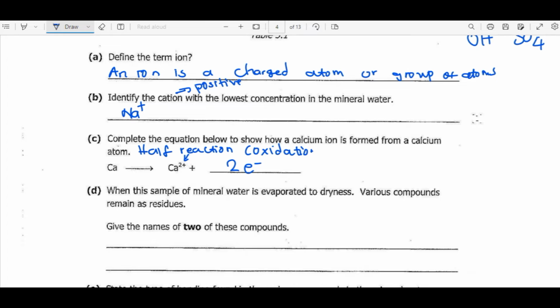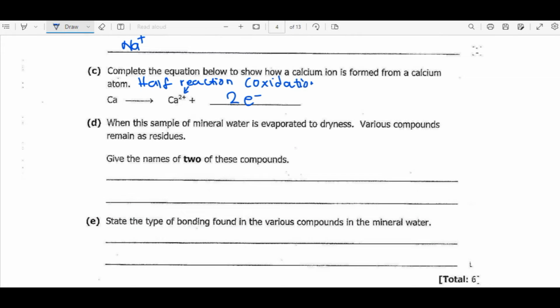Then D, when this sample of mineral water is evaporated to dryness, various compounds remain as residues. Give the names of 2 of these compounds. So the compounds that can remain as residues after evaporation must be salts. So from the table, the first one, we can see that we have sodium chloride.